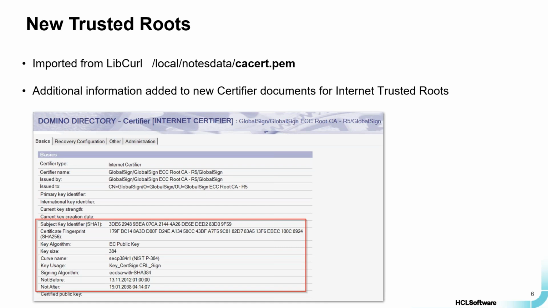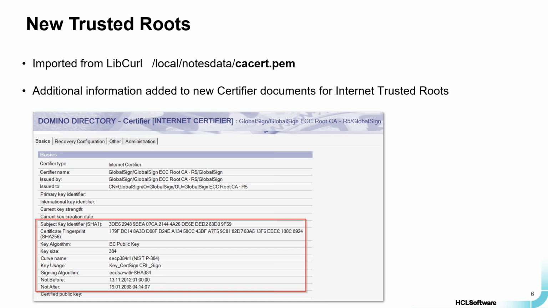they're coming from the PEM file that you might already know from your Domino data directory on the client and server, coming from libcurl. But on top of that, there is a complete new representation.